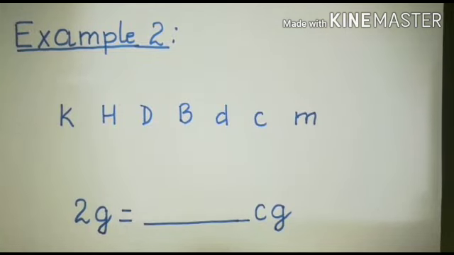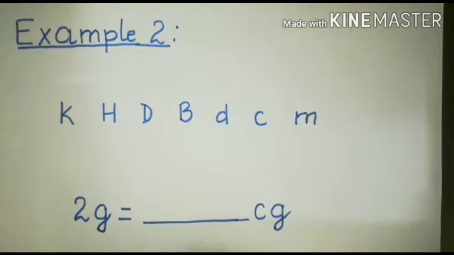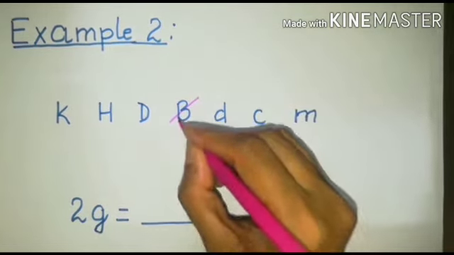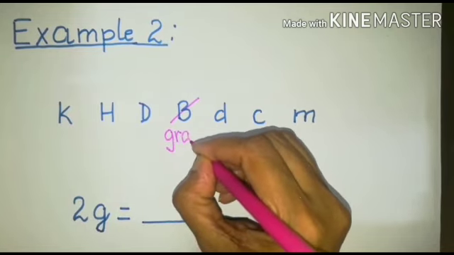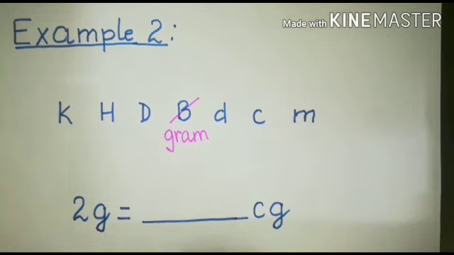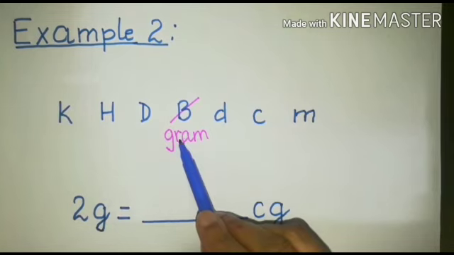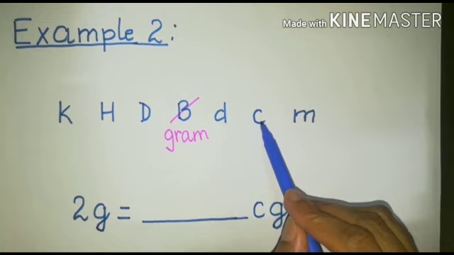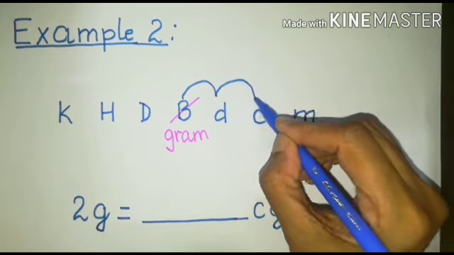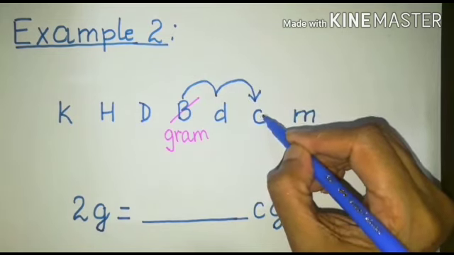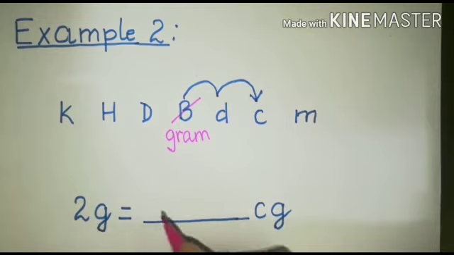Example 2. 2 gram is equal to dash centigram. Since my base unit is gram, I will cut B and I write the base unit here. Now I have to move from gram to centigram, which is here. So I need to take 1 step and the second step to reach centigram. So I will write the original number as it is in my answer.